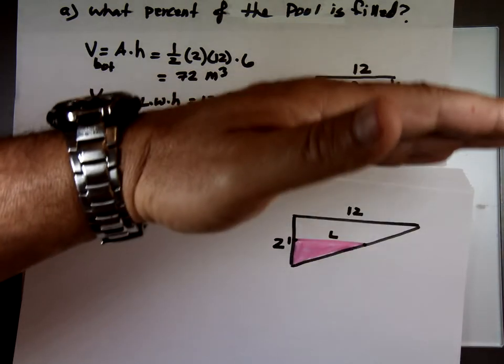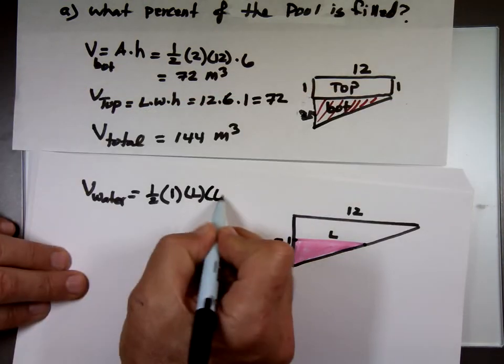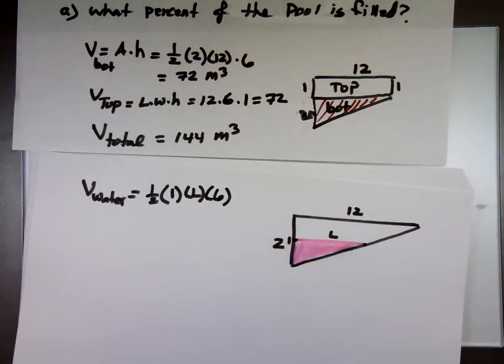Is it 6 feet deep? We got a problem. We don't know what L is. It's not half the length. No, because we don't know what the side is.